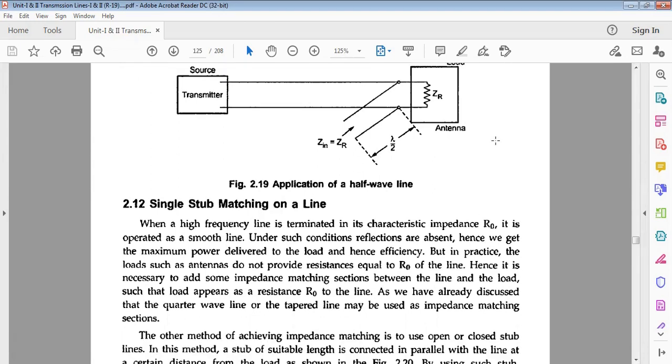The other topic: now the three lengths we consider to find the input impedance Zin. When we consider the lambda by 8 line, Zin is equal to R0.